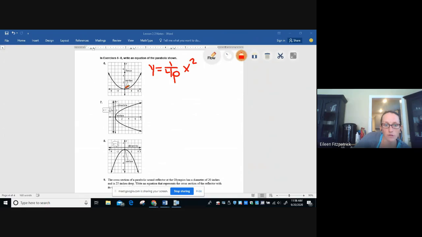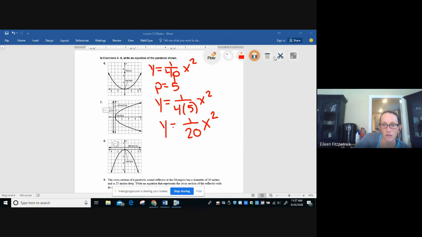How many units is the vertex away from the focus? It's 5 units, so p is equal to 5. You plug 5 in: y is equal to 1/(4 times 5) x squared, so y is equal to 1/20 x squared. That's your equation. That was number 6.